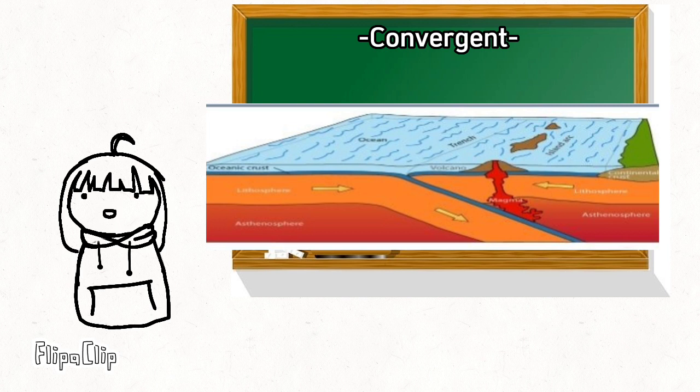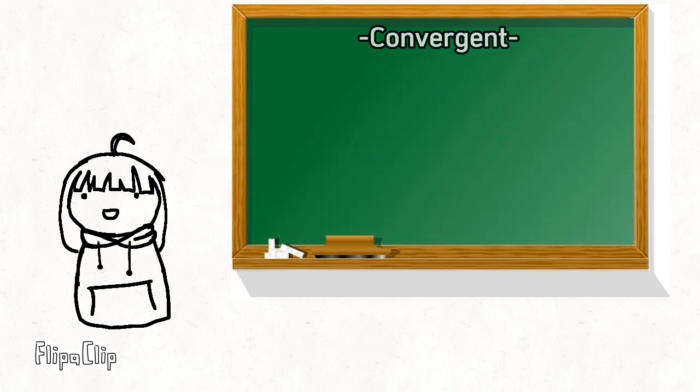Just like the continental to oceanic, one oceanic crust will go to the asthenosphere while the other will pile up. The magma that was stuck in the oceanic crust going down will rise to the oceanic crust that is piling up. And once the magma rises, it will mostly erupt. That is the convergent boundary.